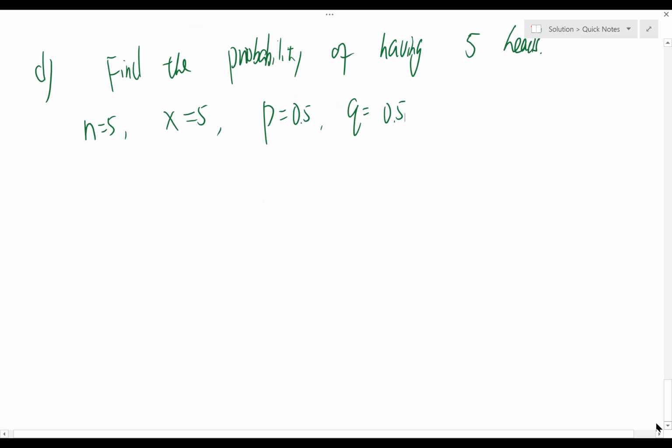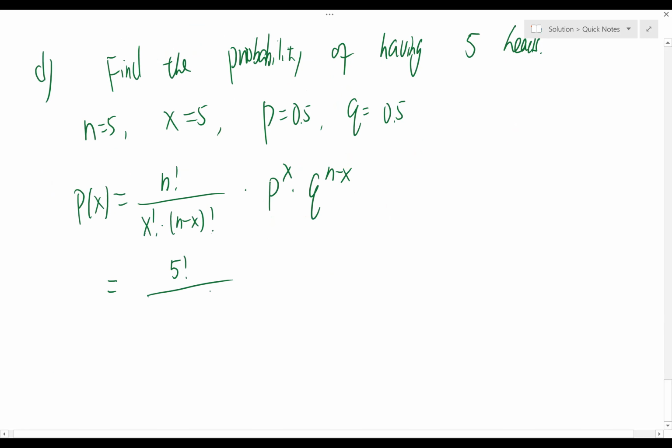Okay. So here we get P(x) equals n factorial over x factorial times (n minus x) factorial. And this is p to the x and q to the n minus x. And throw in the numbers, 5 factorial over 5 factorial, (5 minus 5) factorial, 0.5 to the 5th power, and this is 0.5 raised to 5 minus 5, 0 power.